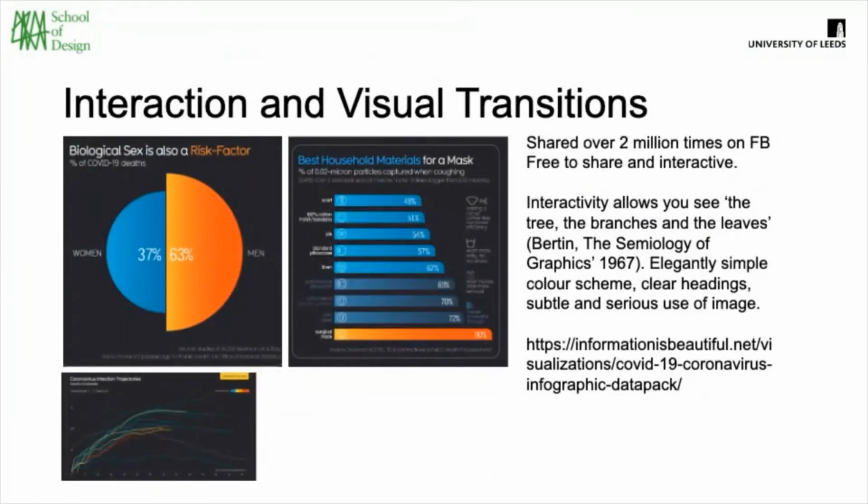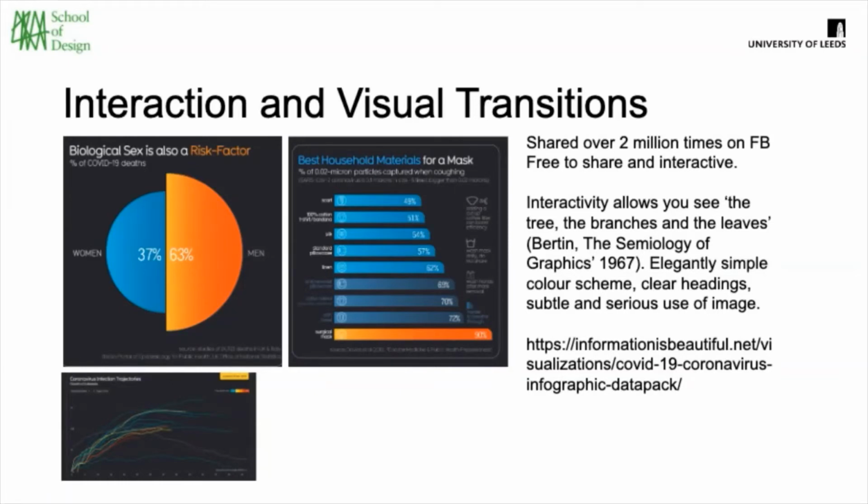Also, we need to think about how we present our graphs. So trying to pay attention to restricted colour schemes, making them feel alive. Information is Beautiful created the UK-based dashboards, which had obviously high hit rate. At one point, 2 million times they were shared on Facebook.